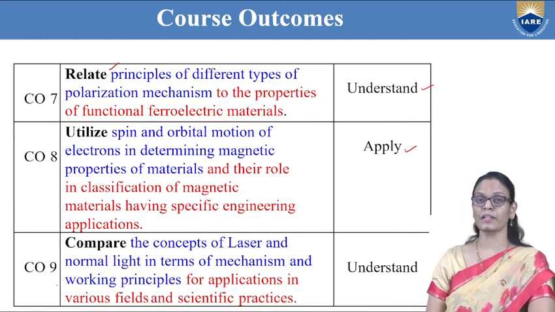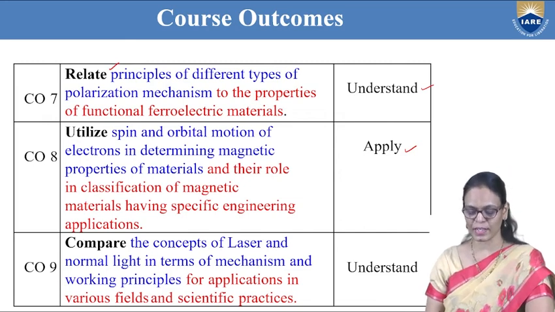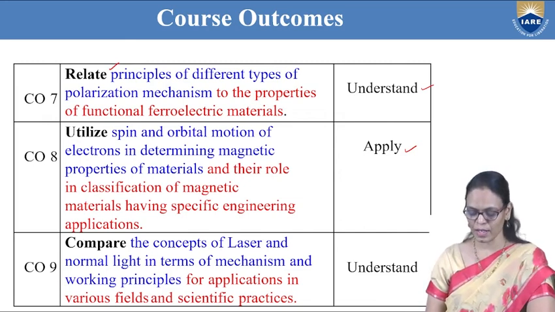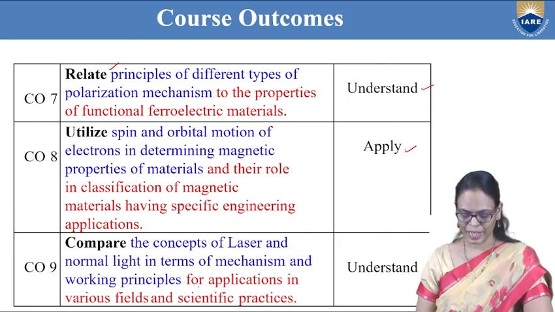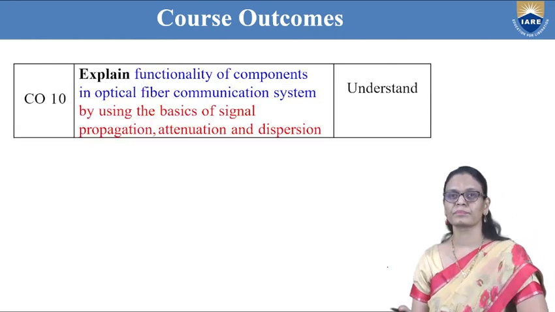Next, CO9, compare the concepts of laser and normal light in terms of mechanism and working principles for applications in various fields and scientific practices. It is at the understand level.